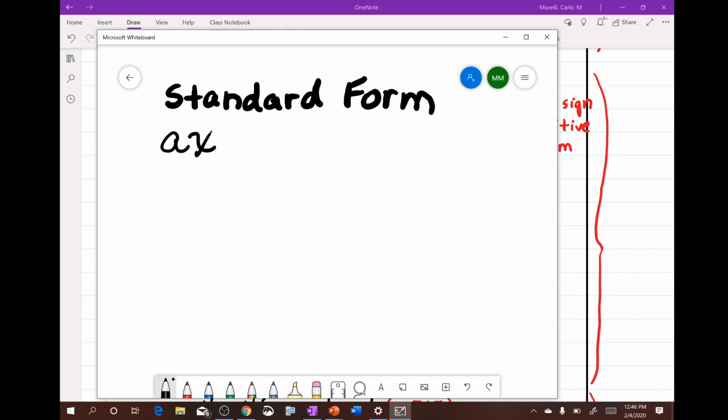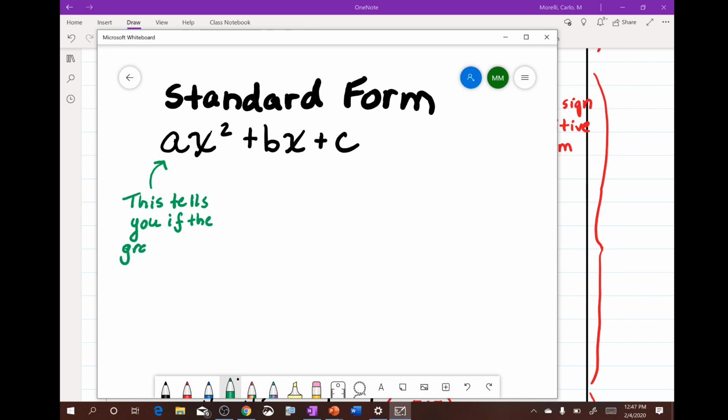Write this down: AX squared plus BX plus C. A tells you if the graph opens up or down.